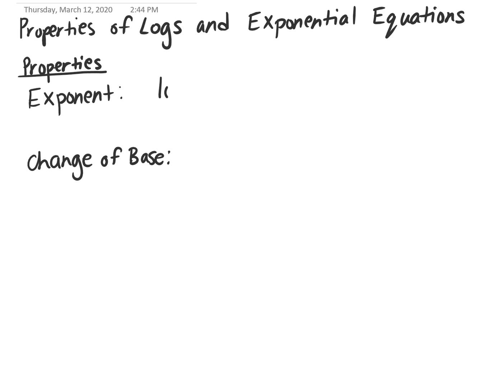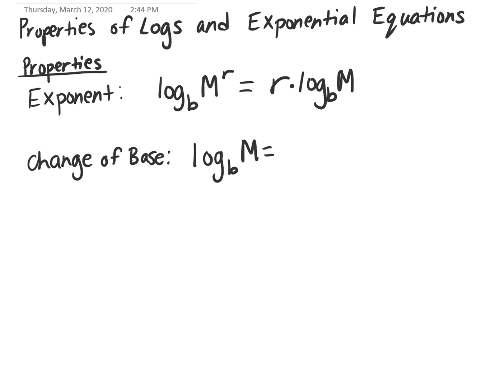The exponent property tells us that if we have an exponent up top attached to the logarithm, we can bring it in front and multiply. And the change of base property tells us we can rewrite this as base 10, and we're going to move the base to the denominator of the fraction.